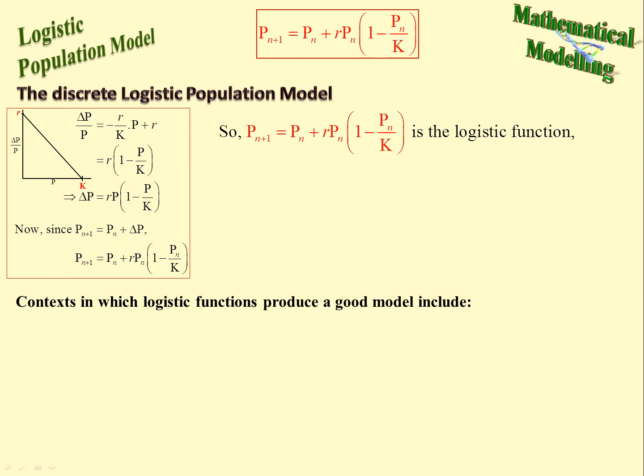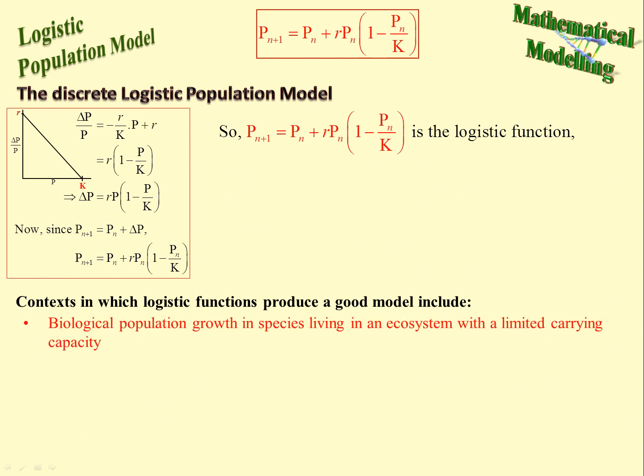Some of the context for a good model: biological population growth in a species living in an ecosystem with a limited carrying capacity. That's generally what we talk about most of the time. The spread of a non-deadly virus in a human body. Deadly, well, there'd be no human body left.